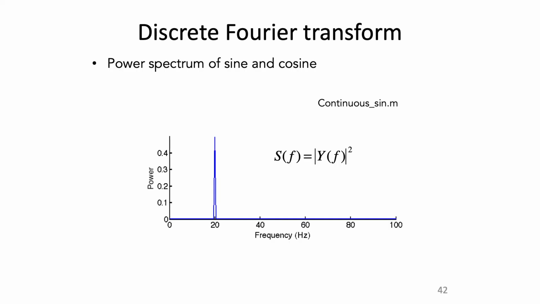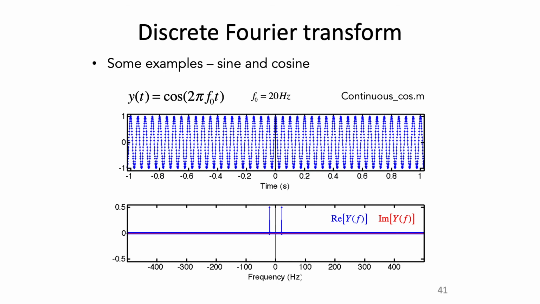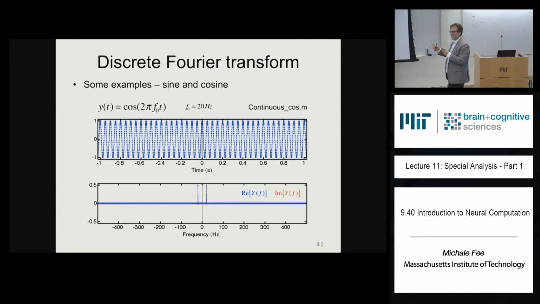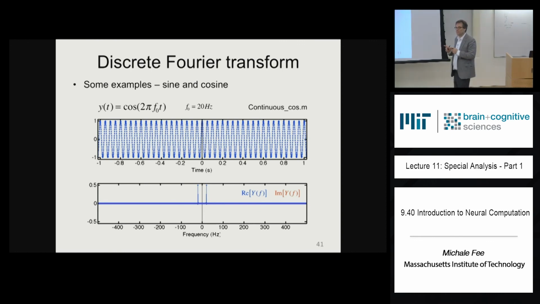What does it look like for a sine function? What is the power spectrum of a sine function? Remember, in that case, the real part was 0, and the imaginary part had a plus peak here and a minus peak here. What does the spectrum of that look like? Right. The square magnitude of i is just 1. Right?